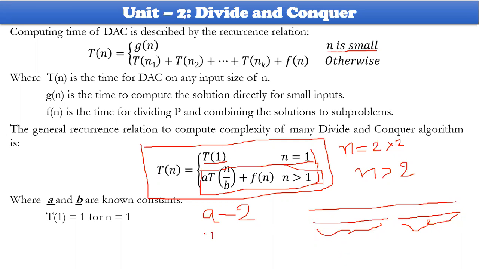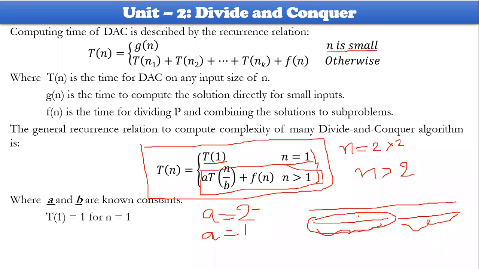So that is why, if A is equal to 1, then one of these sub problem spaces will be eliminated. If A is equal to 2, both sub problems will be taken into consideration to solve the problem. So that is the meaning of A in that particular recurrence relation.